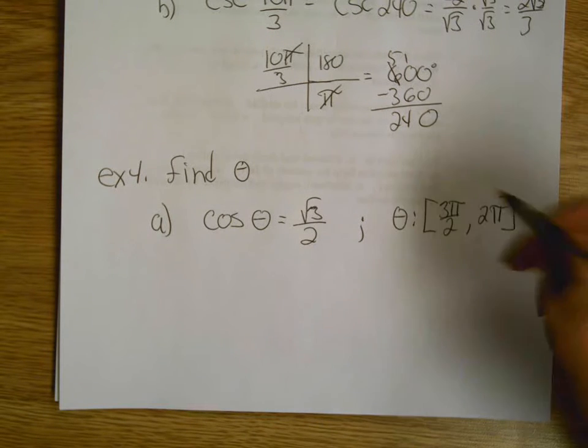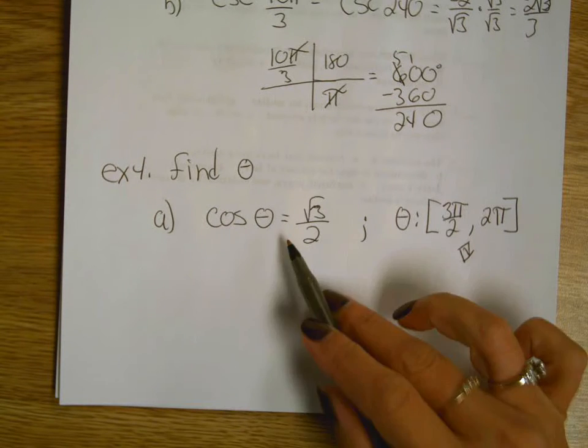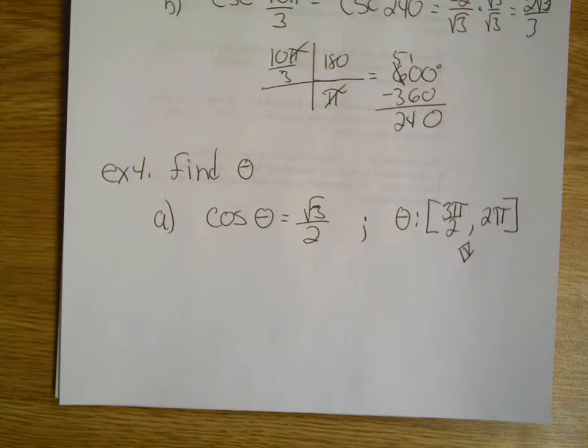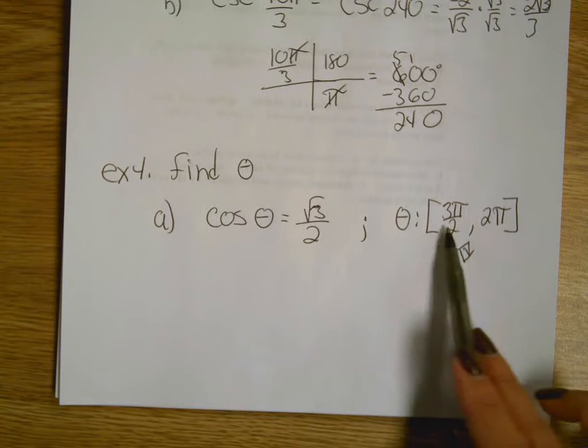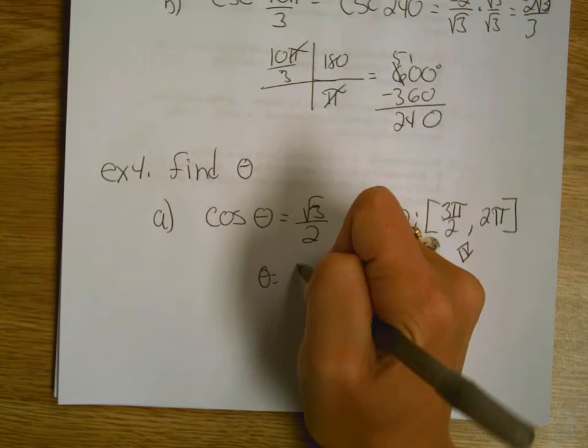So I want the angle in the 4th quadrant that is a radian and has this ratio. Out of those 4 answers Ben said, which one am I looking for? 11 pi over 6. 330 won't work because I want the radian, because this interval is telling you to give a radian. So theta equals 11 pi over 6.